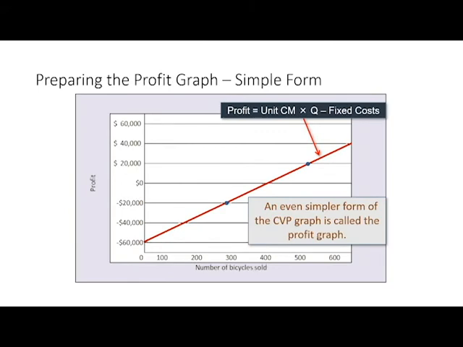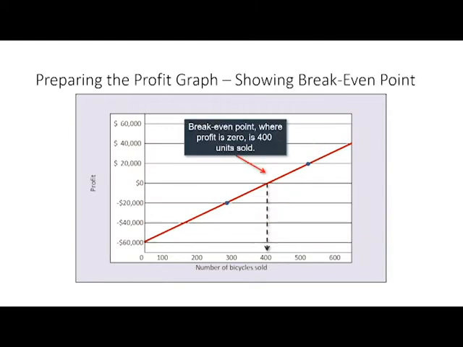Next, preparing the profit graph. An even simpler form of the CVP graph is called the profit graph. Profit equals unit CM times the quantity, minus the fixed cost. The break-even point is where profit is 0.